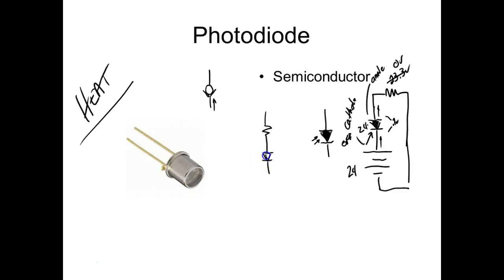Then we put it in the circuit reverse biased, so I would point the negative toward the anode and the positive toward the cathode. And what the light does is it controls that leakage current. The more light you have, the more current flows through it backwards. It's still pretty small, right? And the less light you have, the less leakage current you have.